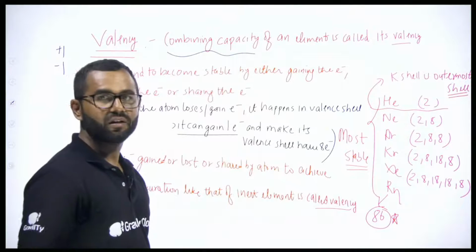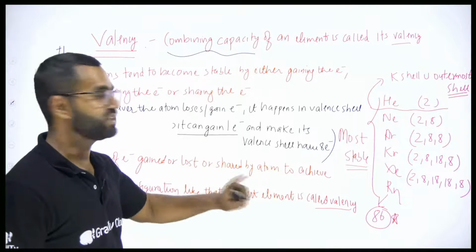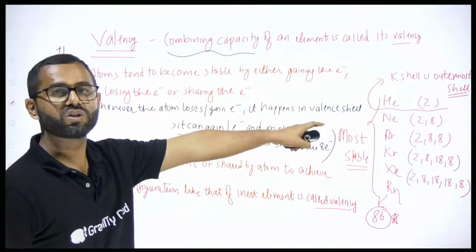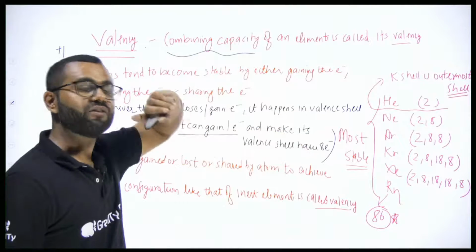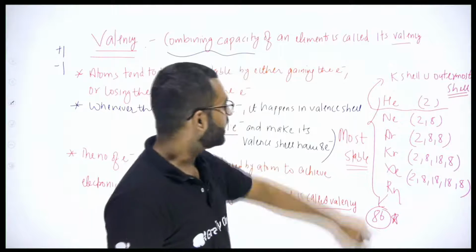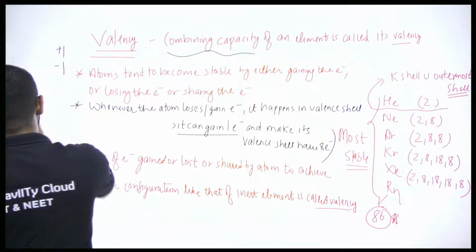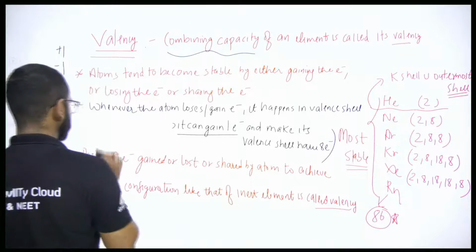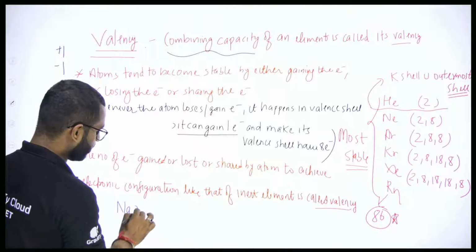Understood what is valency? So the electrons gained or lost or shared by an atom to achieve the electronic configuration like this, right? Whatever the atom can do to be like that will become its valency. So if you talk about sodium, it is 2,8,1, right?